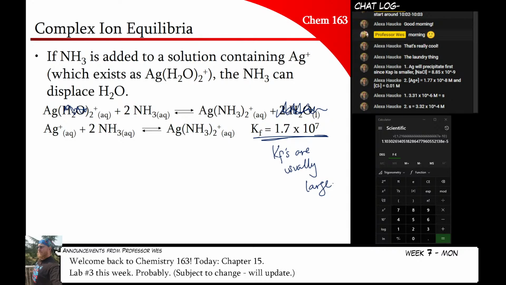Kf's are usually really big. And the reason for that is because we write them in a manner that produces a complex ion. And complex ions do tend to form pretty regularly.